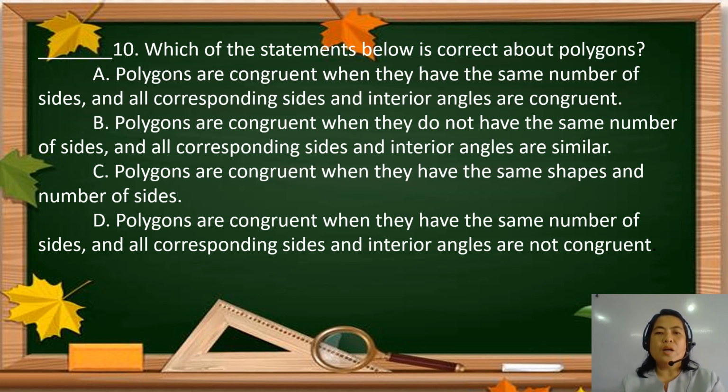B. Polygons are congruent when they do not have the same number of sides and all corresponding sides and interior angles are similar. C. Polygons are congruent when they have the same shapes and number of sides. D. Polygons are congruent when they have the same number of sides and all corresponding sides and interior angles are not congruent. Choose the letter, then write it on the blank.